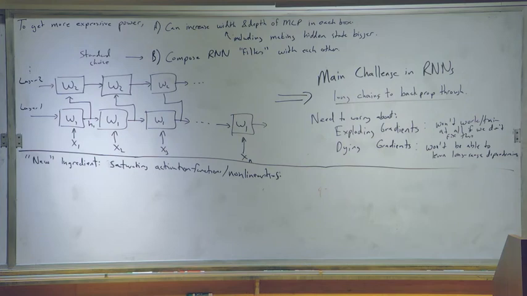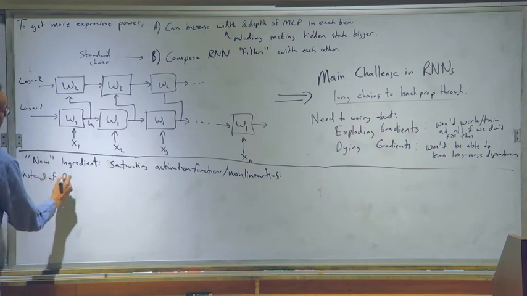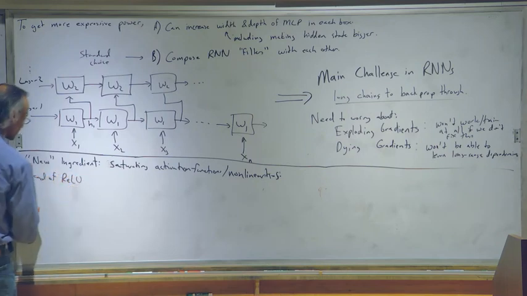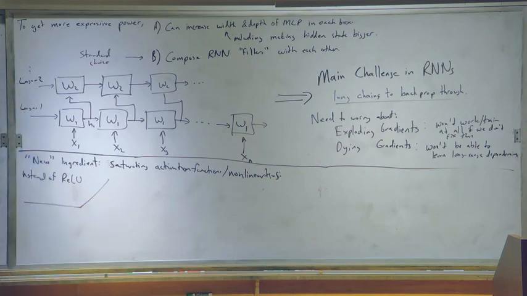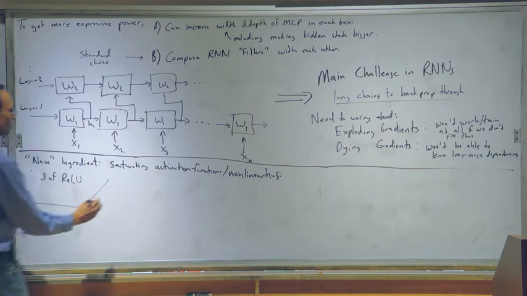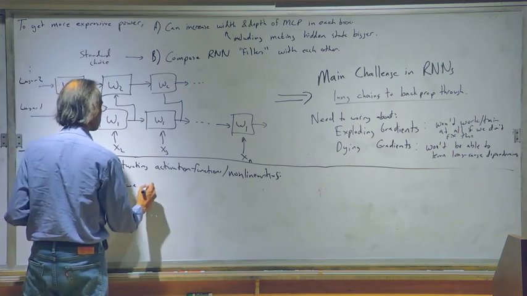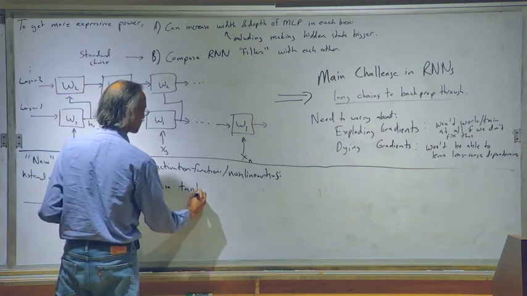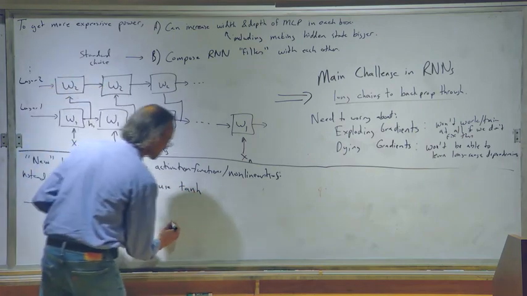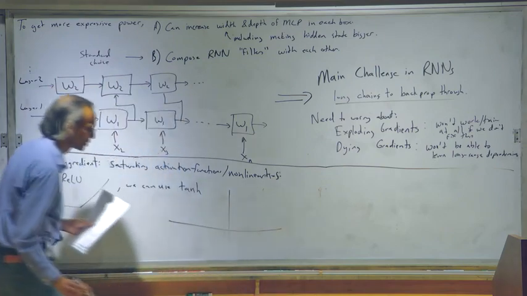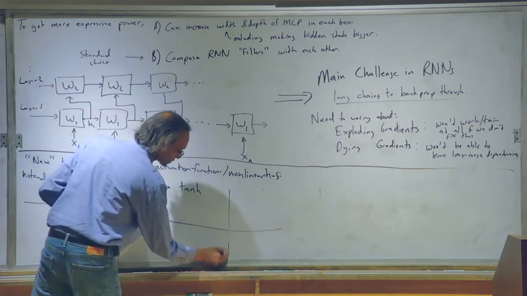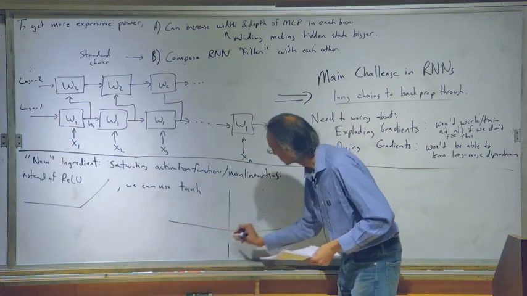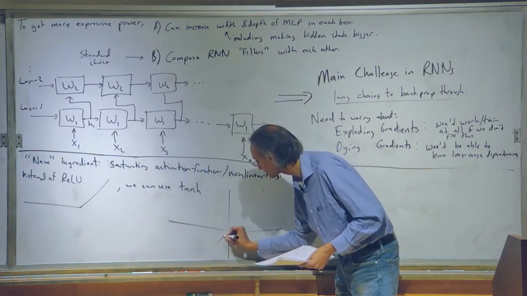So instead of ReLU, which looks like this, and its variants, which all look like this, we can use things like tanh. So what does tanh look like? Forgive my drawing, it won't be the most accurate drawing of tanh. This is hyperbolic tangent.